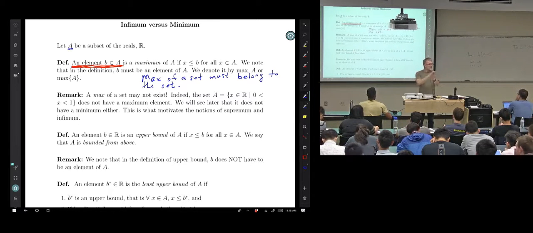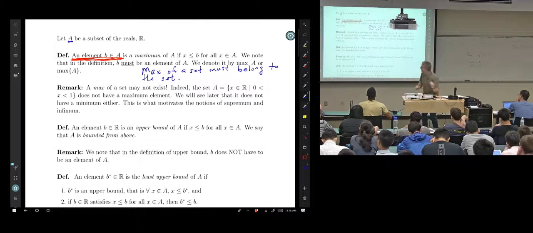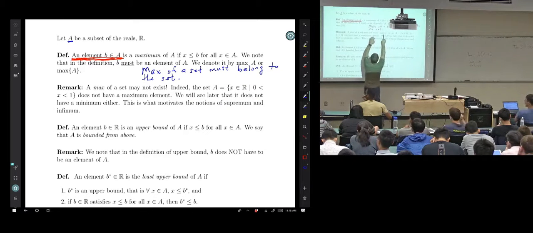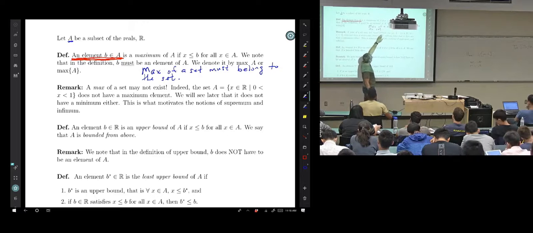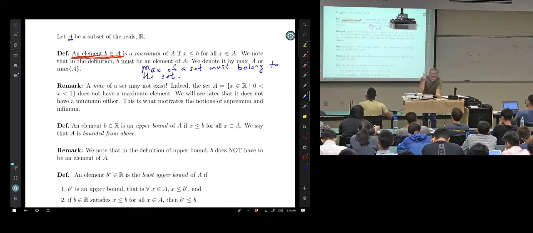That part follows if you understand the word maximum. So if X is any other element of A, it is less than or equal to B. That means B is a maximum. But the key part is that it has to be an element of A.